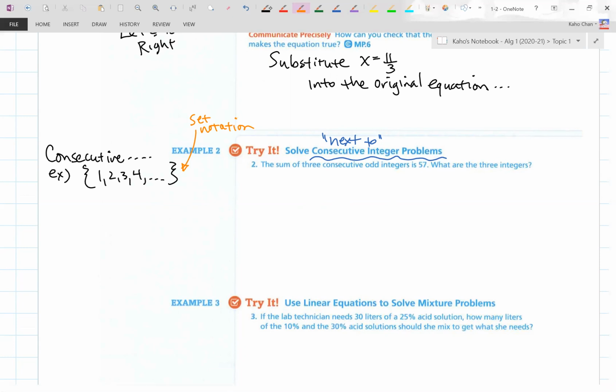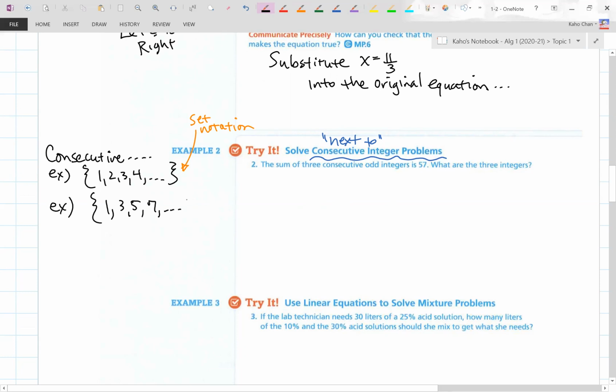We have another one. What are these? Aha, those are odd integers.